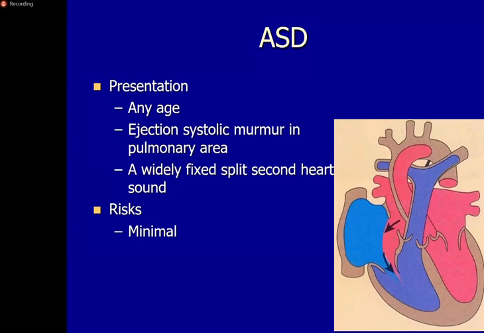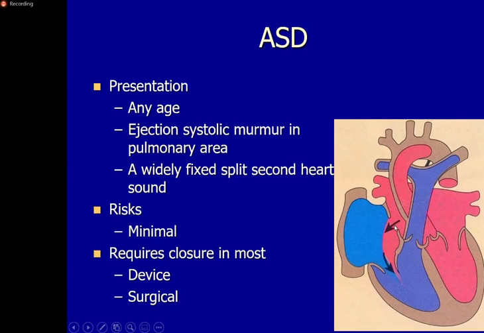And with time you will understand and appreciate the nature. So that is how the fixed split, which we consider in the ASD, originates. The risk of developing heart failure and endocarditis is very minimal compared to a VSD. And these usually have to be closed by surgery or using a device, where without opening the heart they can do a closed procedure.